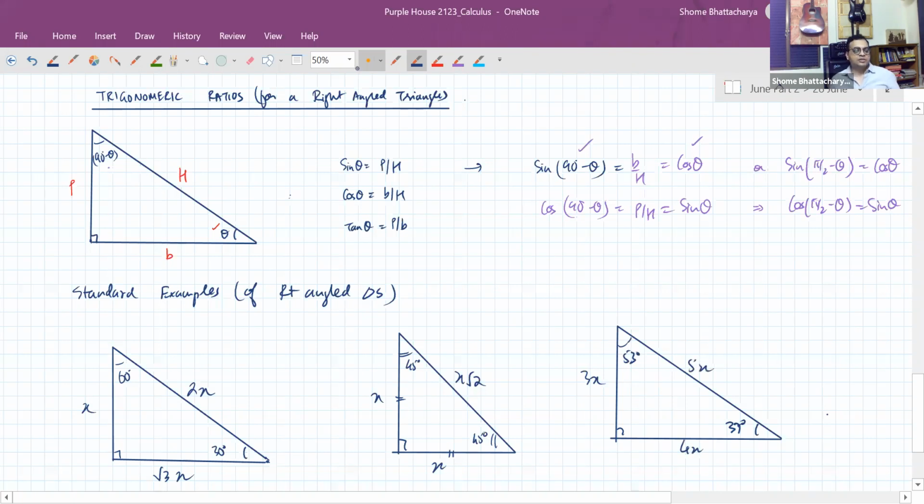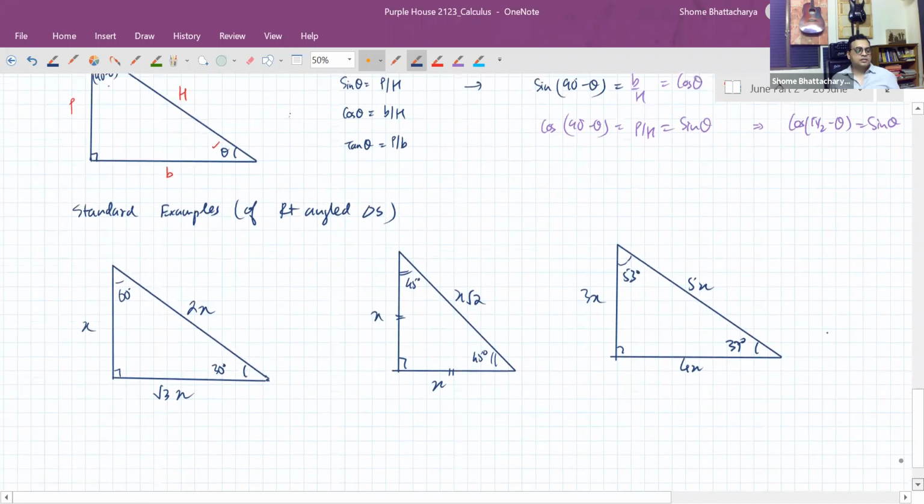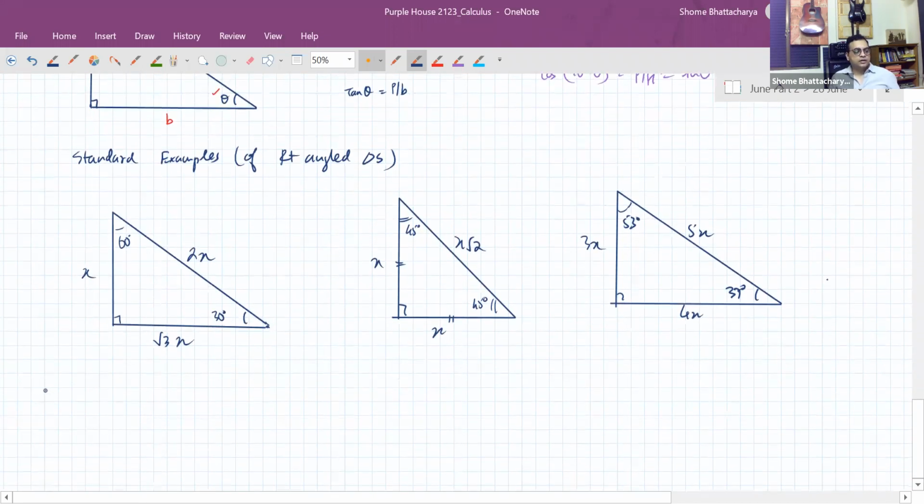If you just remember the geometry of these triangles, then you will never forget the values: sine 30 is the same thing as cos 60, which is equal to 1 by 2. Sine 60 is the same thing as cos 30, which is root 3 by 2.